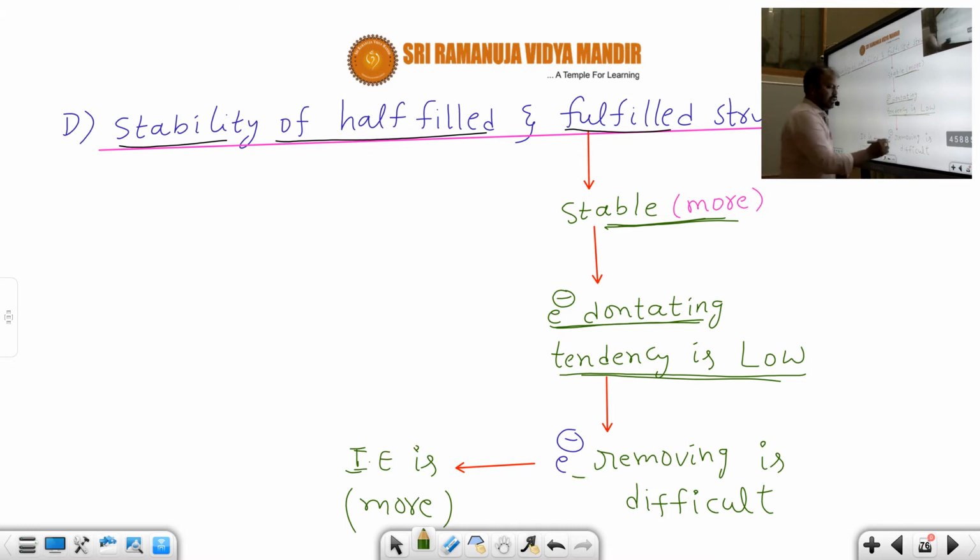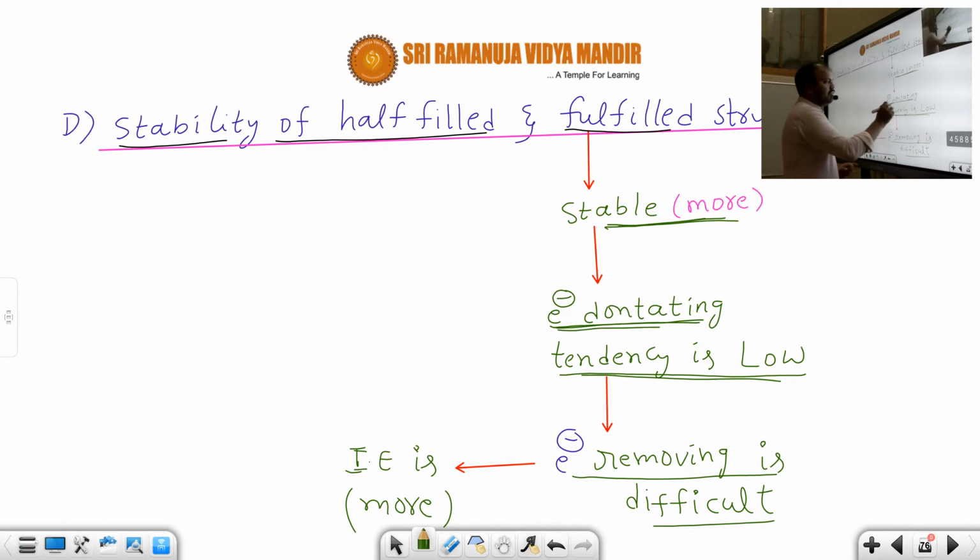Then what happens? Electron removing is difficult. When an electron can be easily removed, ionization energy is less. But here, due to the greater stability of half-filled and full-filled orbitals, they are not capable of losing electrons or giving the electron.